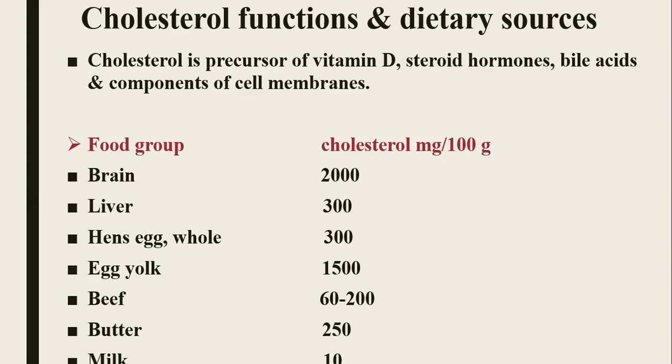Cholesterol is a very important precursor of vitamin D. Vitamin D is present in the skin in the form of 7-dehydrocholesterol. When it is exposed to ultraviolet light, sunlight, it is converted into cholecalciferol.